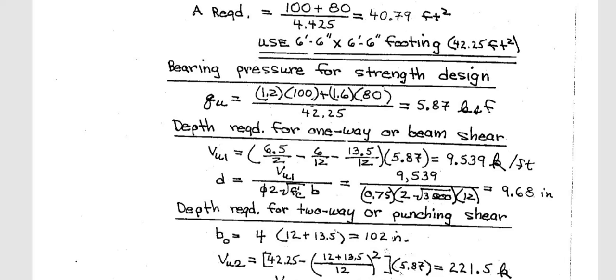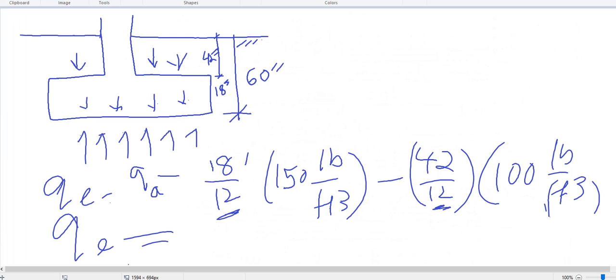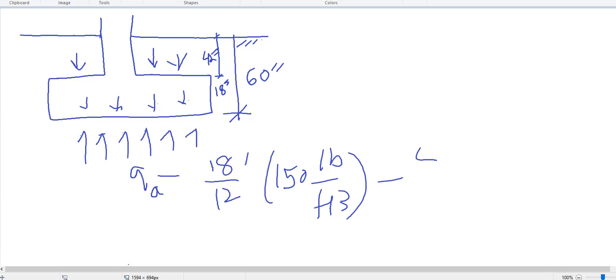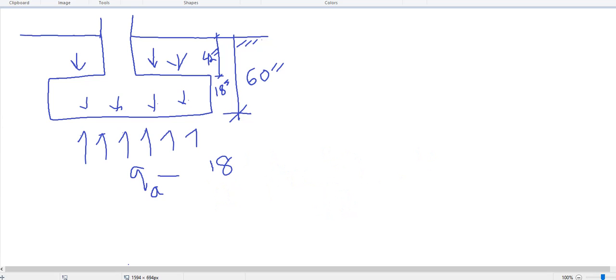Now, depth required for one-way shear. Yes, we saw one-way shear in our wall footing design also. One-way shear means, if I invert this function, it will look like this.